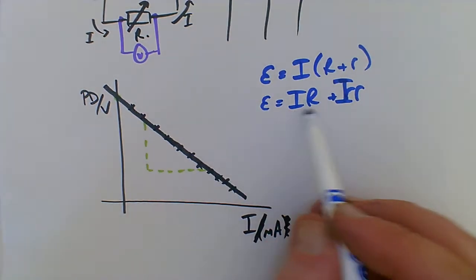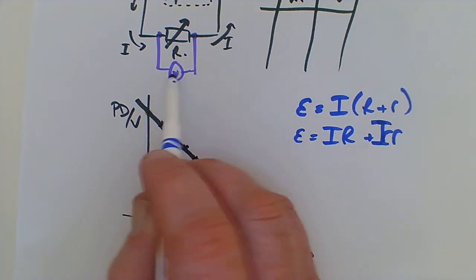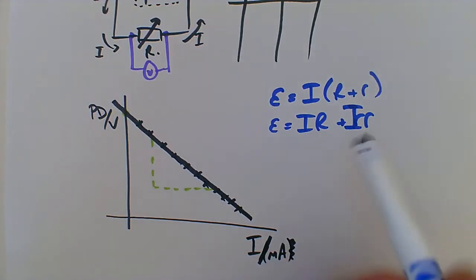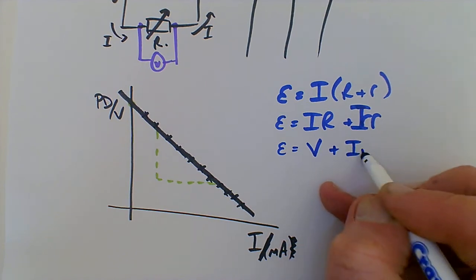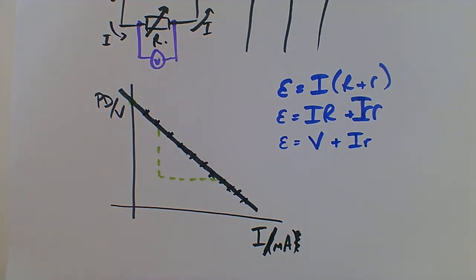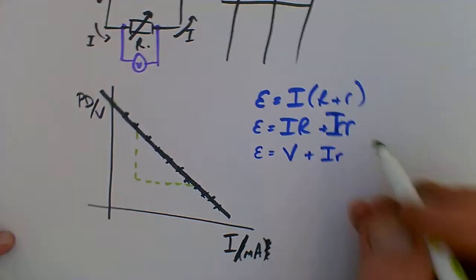Now IR here is what we were measuring up here, wasn't it? The terminal PD. So I can substitute that with epsilon equals V plus Ir. Little r is what we want. I now need to turn this into a linear equation that matches what I've got up here.